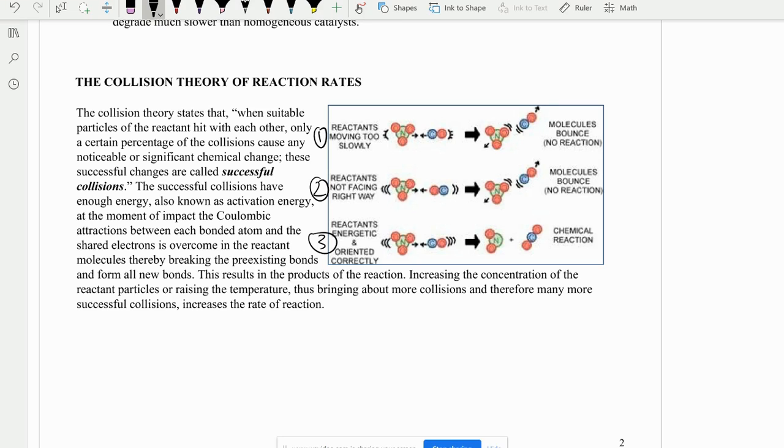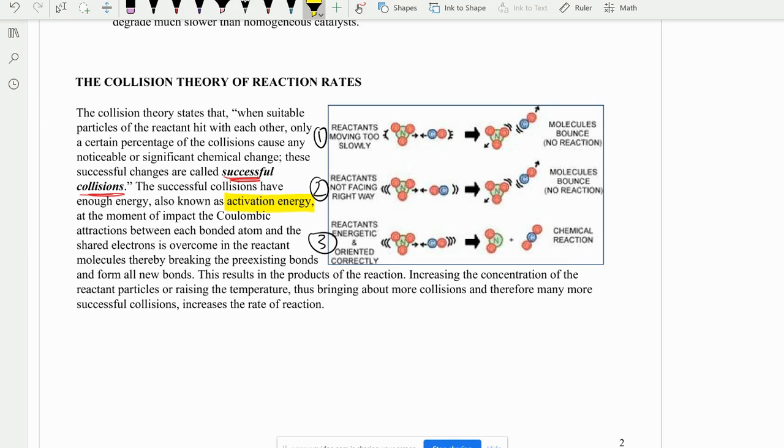The collisions need to be successful collisions. Successful collisions mean the reactants collide with enough energy, which, again, there it is for like the fifth time, is called activation energy.